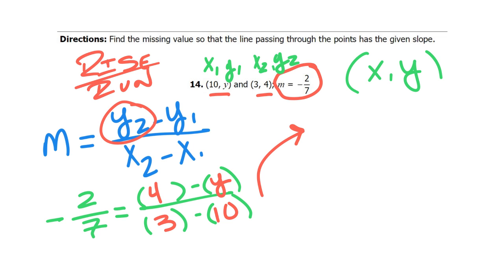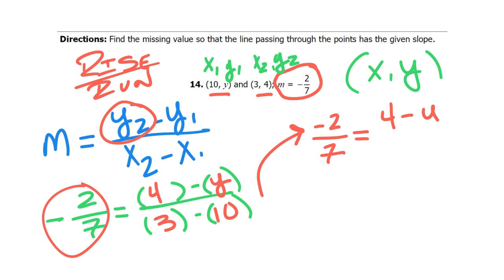I'm going to ask you guys to choose a place to put the minus sign in the slope, because we know a negative slope is a positive divided by a negative, or a negative divided by a positive. So I'm going to rewrite this as negative 2/7 is equal to 4 minus y.